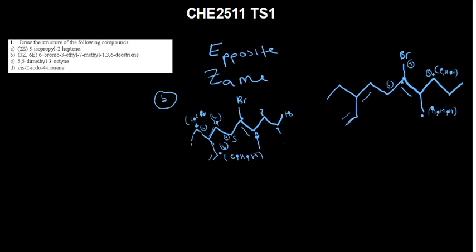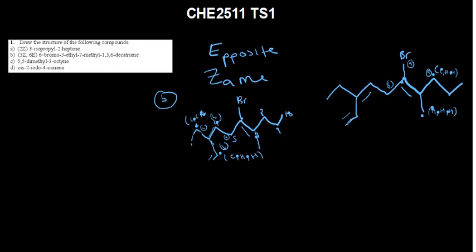But then we need them to be on the opposite side. So bromine and this 1, 2, 3 propyl group should be on the opposite side of the double bond. So in short, this should be a methyl, this methyl should be this side, and then this whole group, the 1, 2, 3 chain, should be this side. So I'll just do the same.